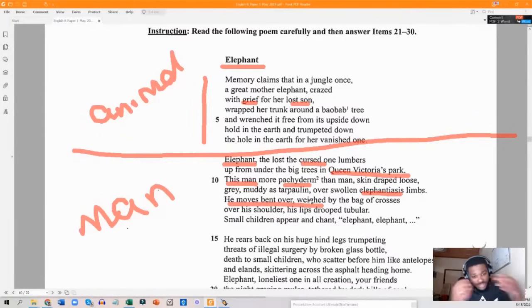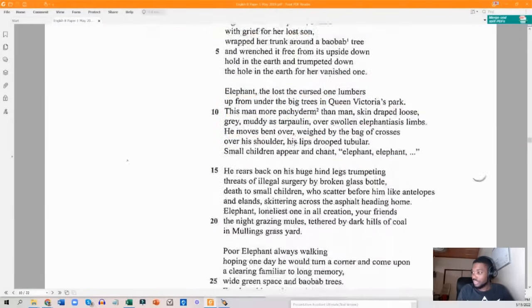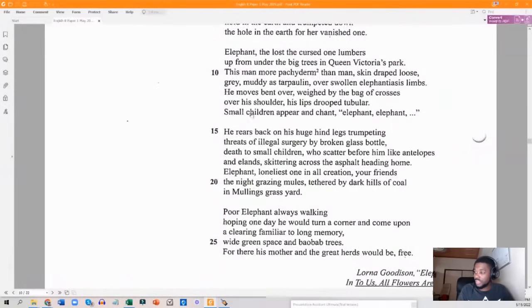So even though he's weighted down by his skin, he's also weighted down by the burdens, the curses, the tragedies of his life. And small children, as small children often do, are teasing the man. They call him Elephant. So that's why this poem is titled Elephant, because elephant is referring to the animal here, and it's also referring to the man's nickname. They call him Elephant. All right, let's move on to stanza 3.